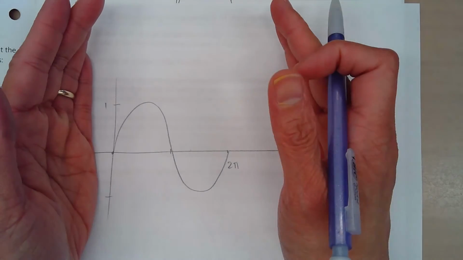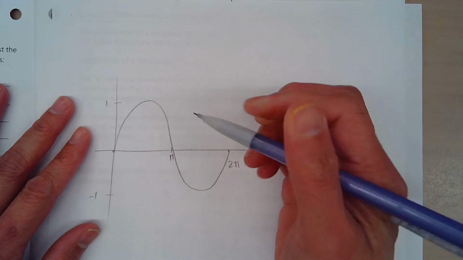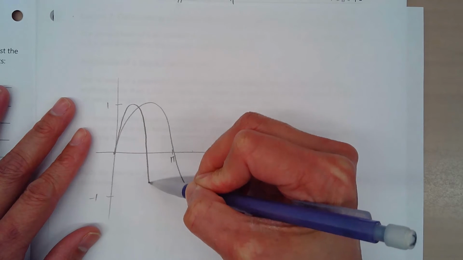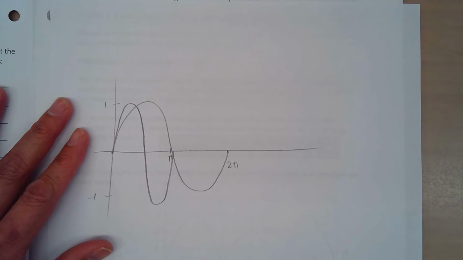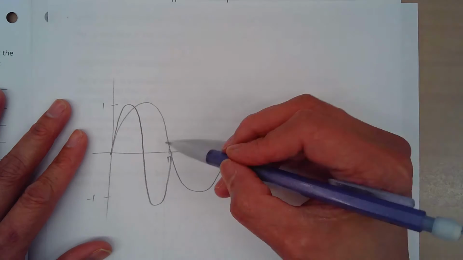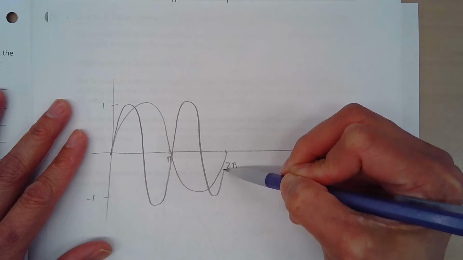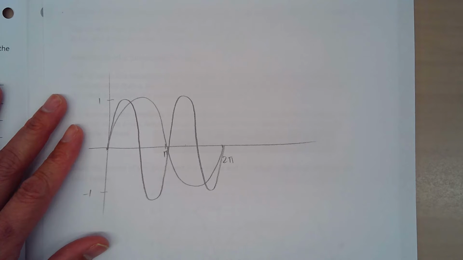If I compress this graph, what would that look like? It's going to get skinnier, so it's going to go like this. We've compressed it. And then it actually fit another graph. We've compressed it.